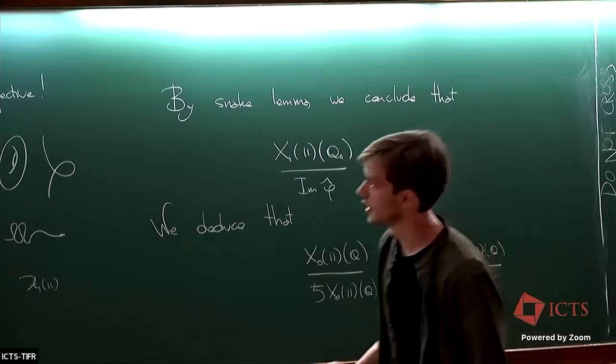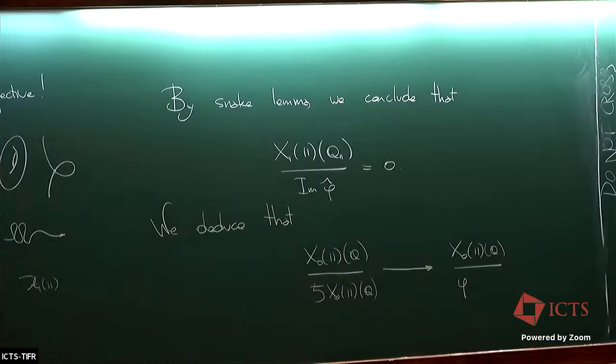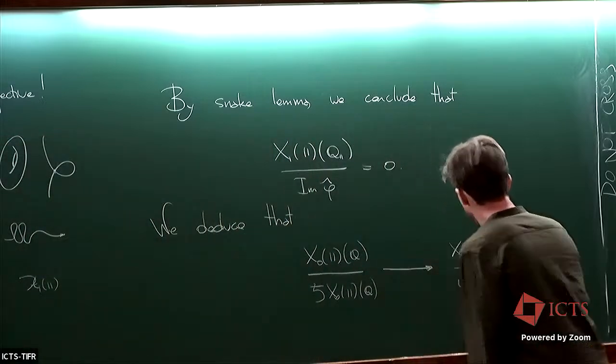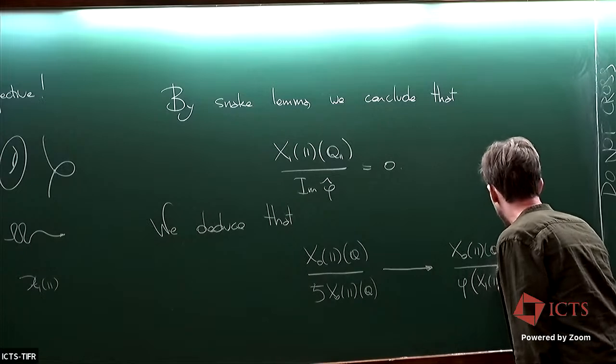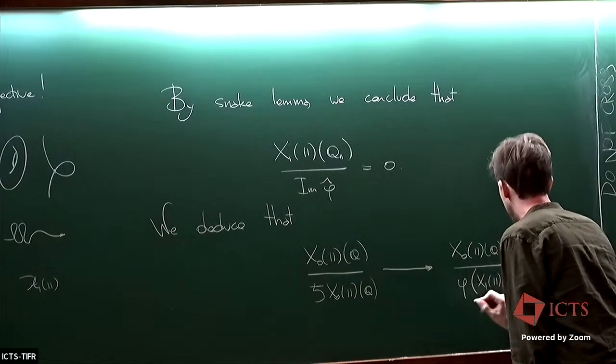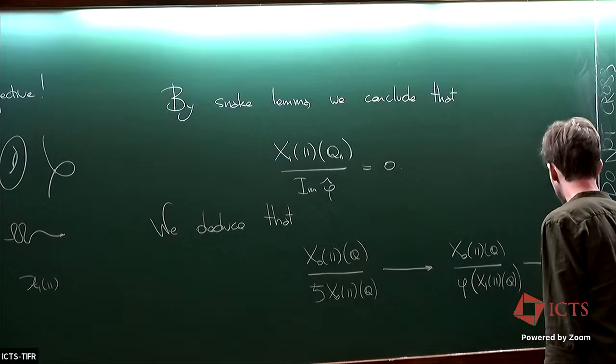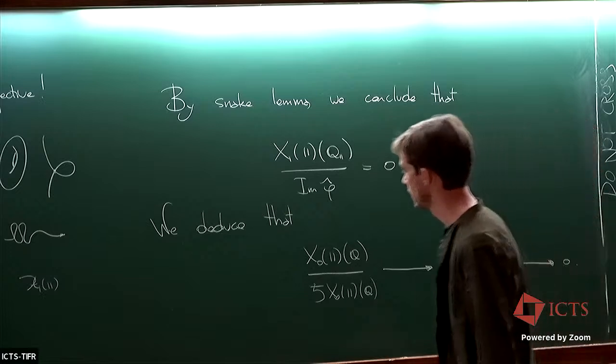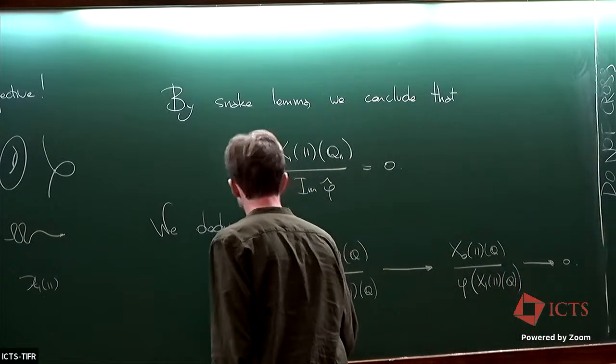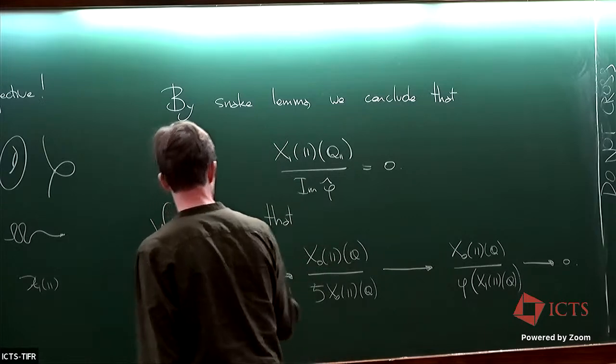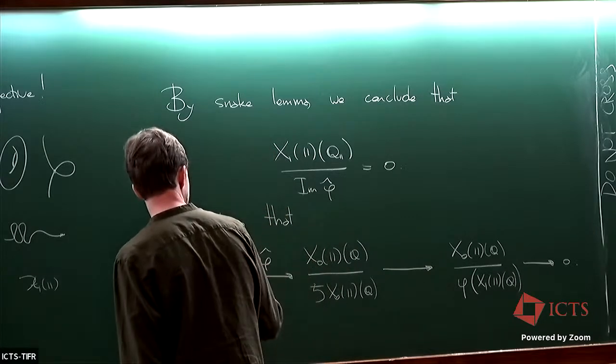to phi. Which one was phi and which one was phi tilde? Let's see, phi, what I need, of X_1(11)(Q), just because there's a containment between these kernels, so that's a surjection. And the kernel of that, there's actually a map. The map is phi hat.